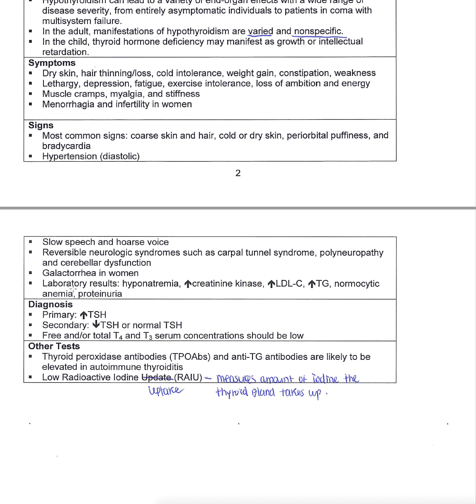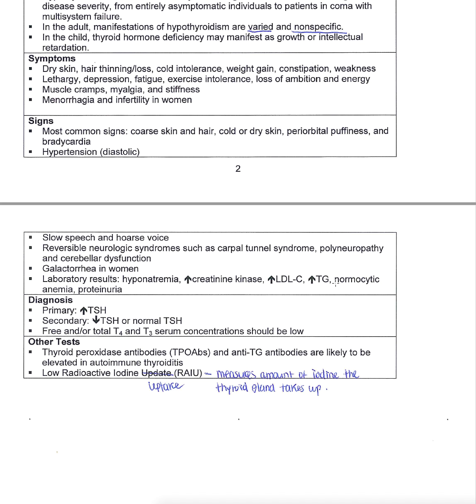And some laboratory results that you should be aware of is an elevated lipid panel. This is not something you are going to treat, but when the patient's thyroid level comes back to normal, this should resolve. And patients can have anemia, normocytic anemia, or proteinuria as well.